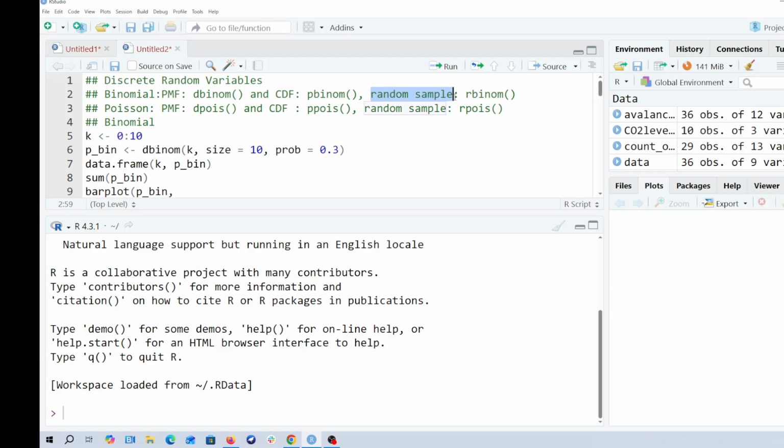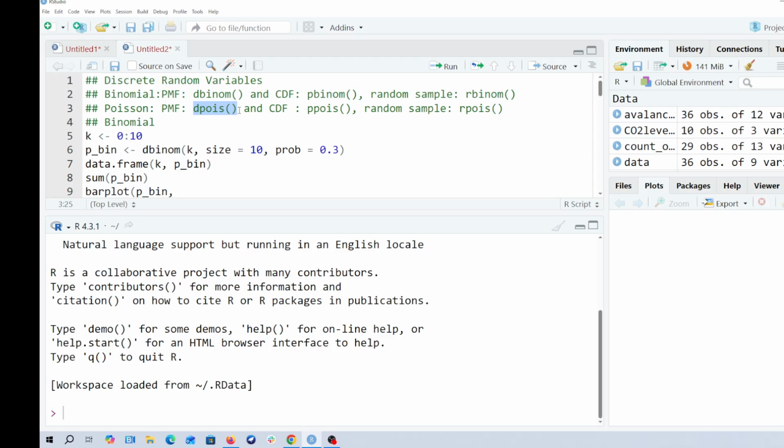If you want to generate a random sample from a binomial distribution, where you take n independent trials and you know the probability of success, you use rbinom. For the Poisson distribution, you use dpois to look at the distribution. You can model cases like the number of cars passing through a checkpoint, or the number of cars at a gas station.